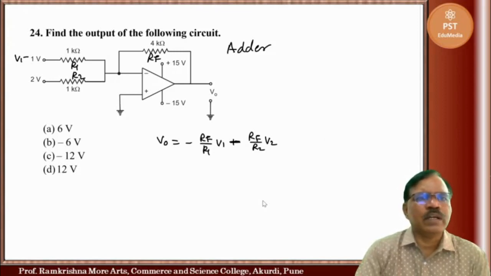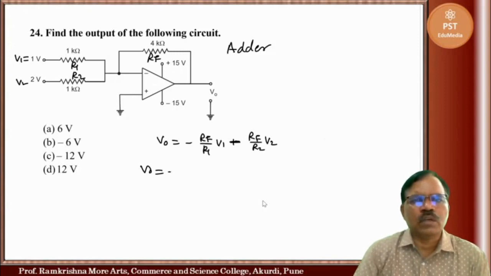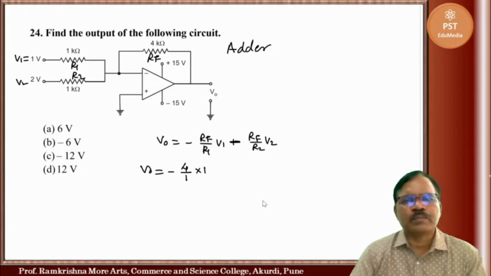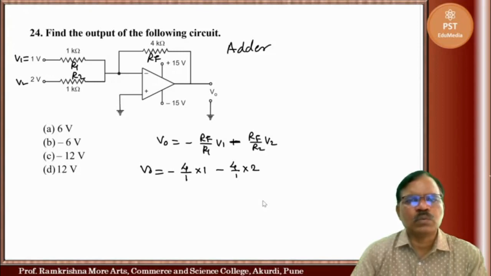So this is V1, this is V2. So V0 is equal to minus 4 kilo ohm upon 1 kilo ohm multiplied by 1 volt minus 4 upon 1 multiplied by 2. So here minus 4 minus 8, so we will get minus 12 volt.